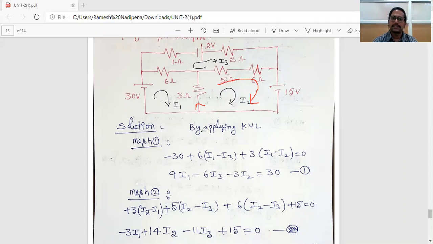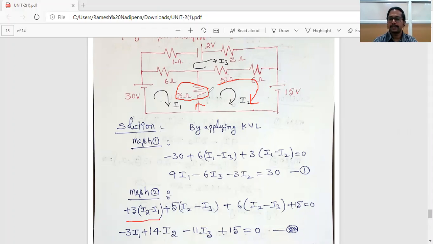That's why plus 3 into, since this 3 ohm resistor is common between the second and first mesh, the current is I2 minus I1. The reason is that I want to write the second mesh equation, so that mesh current is more than any other mesh current.